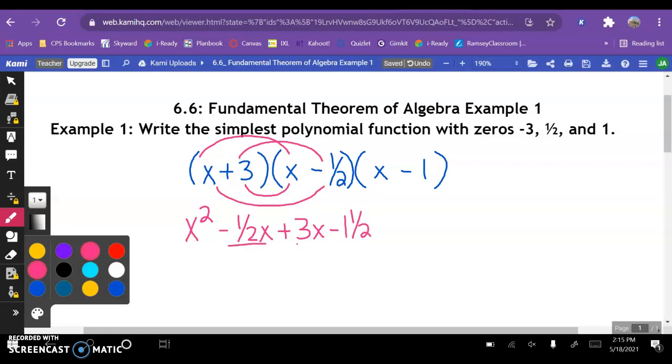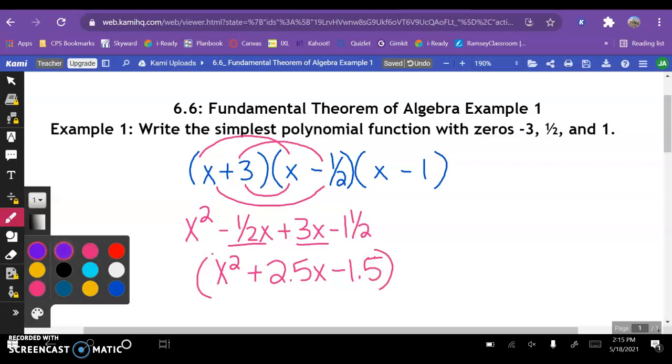And then we can combine our middle 2 terms, so that would be x squared. We have -1/2 and 3, so that's going to be +2.5. So I'm going to put 2.5x, and then -1.5. Then that's our answer for multiplying the first 2.